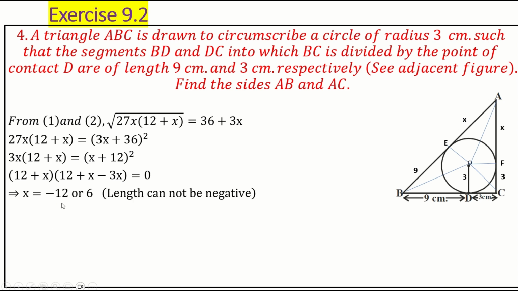X equal to minus 12 or 6. The length cannot be negative, so x is equal to 6. So 9 plus 6 is 15, 3 plus 6 is 9. 15 and 9 are AB and AC.